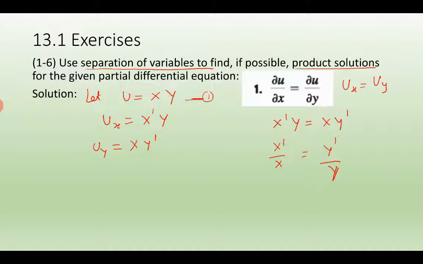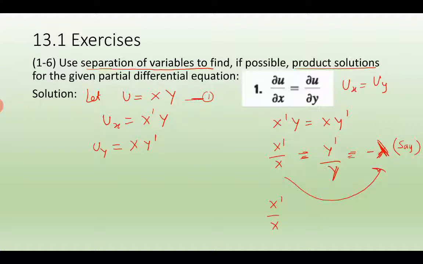Since these two are equal, we take each equal to negative lambda. This is our assumption: we take negative lambda as a constant. We are comparing the first and last terms first.